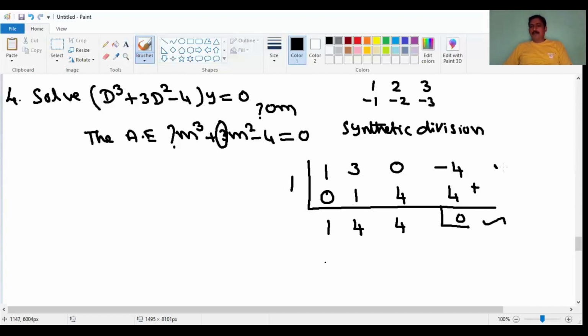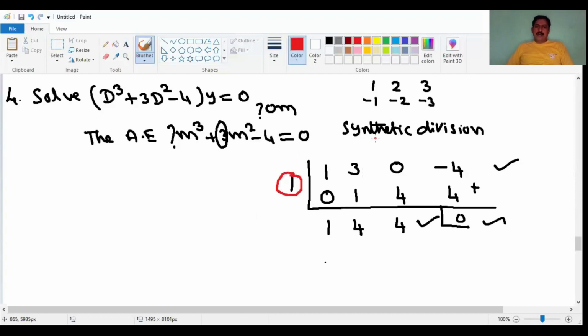Here your power was 3, and I have reduced it to power 2. So now we know how to solve the power 2. So I will convert this into the form of an equation. To convert this into equation form, we have to write it with the opposite sign.